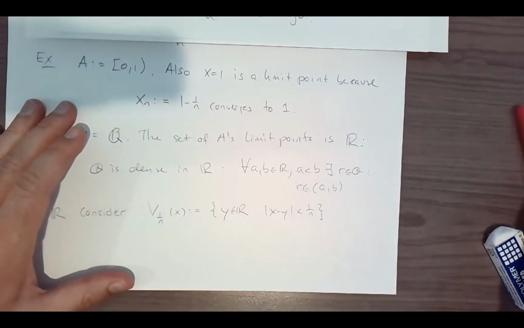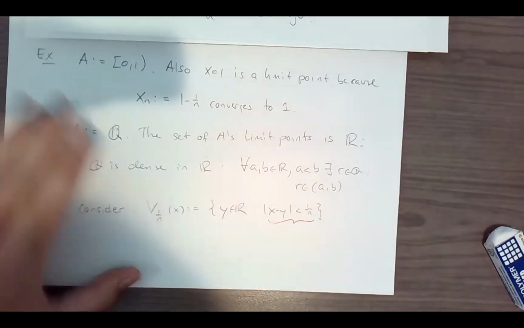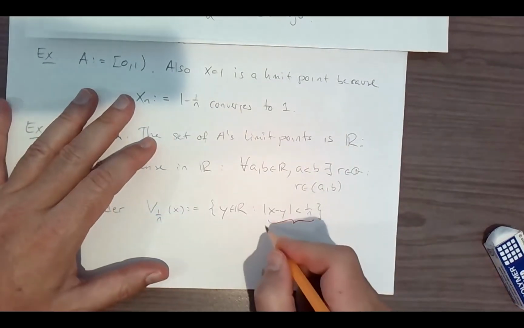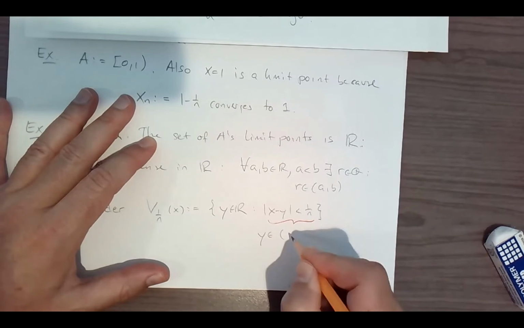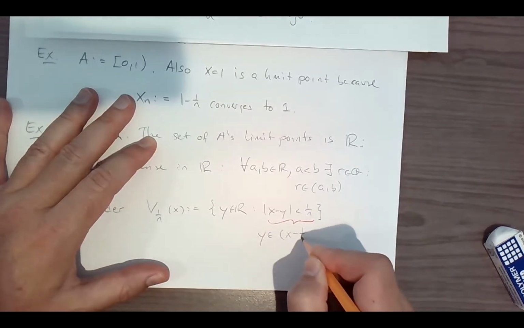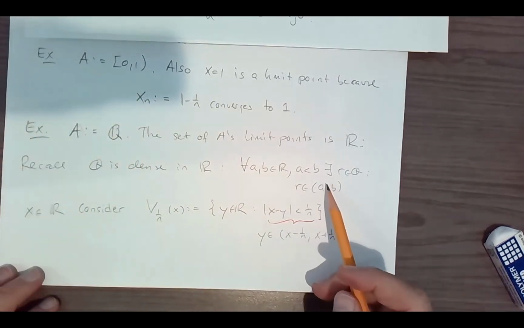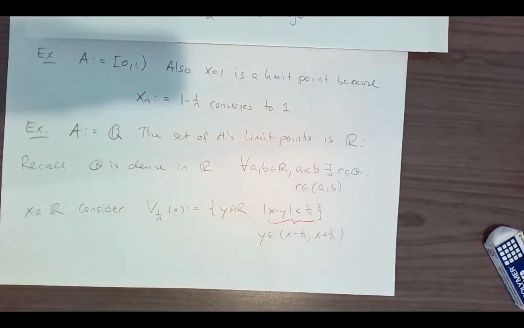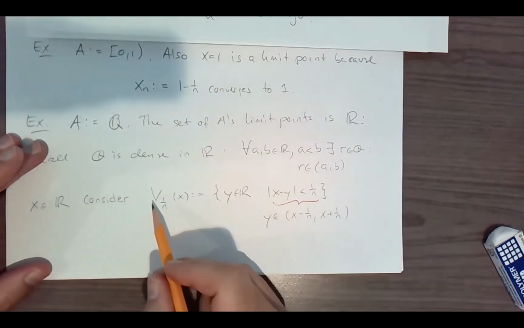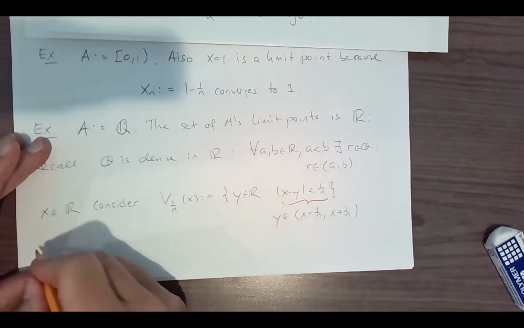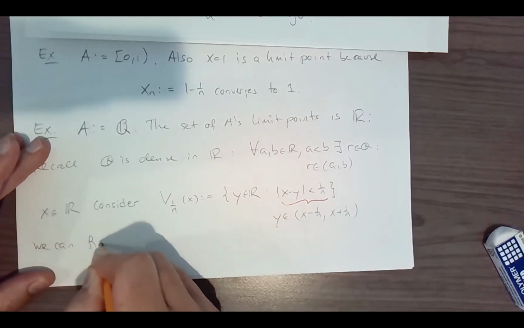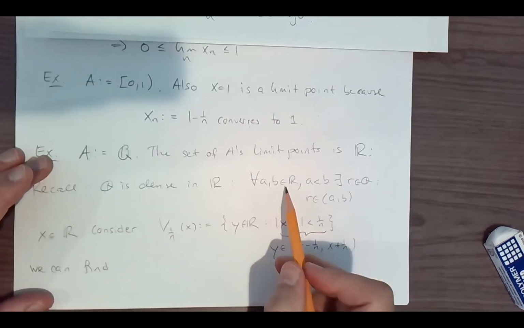So what does this mean? I am in R, right? So it means that Y belongs to an interval X minus 1 over n to X plus 1 over n. And this is exactly the property I have up here. So we can find points in here by this density argument.